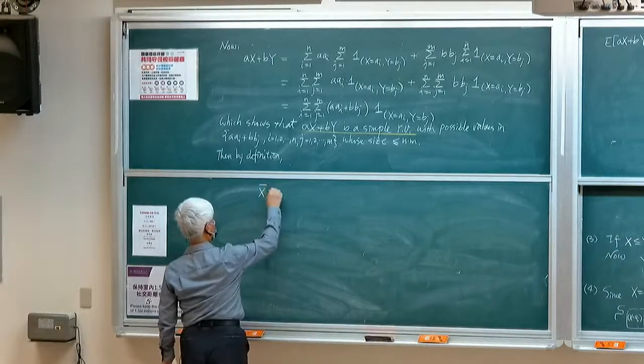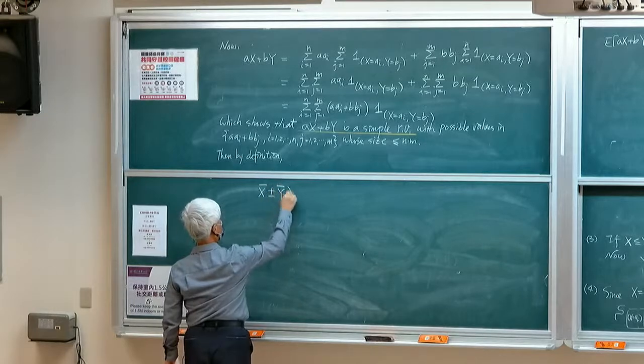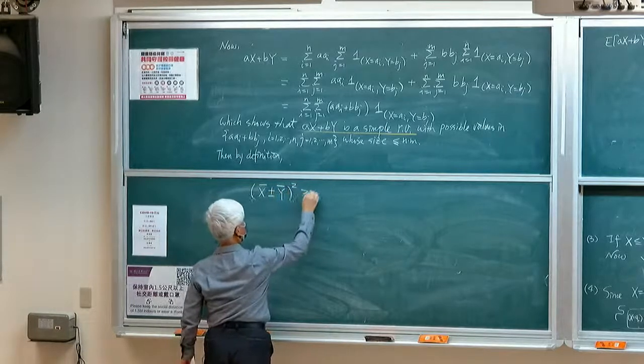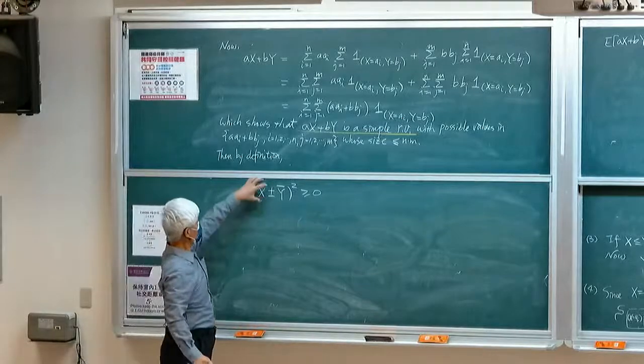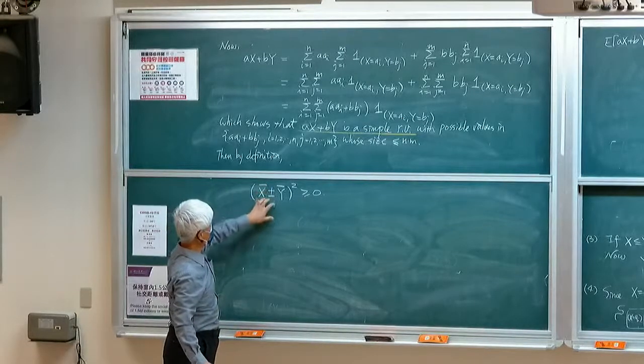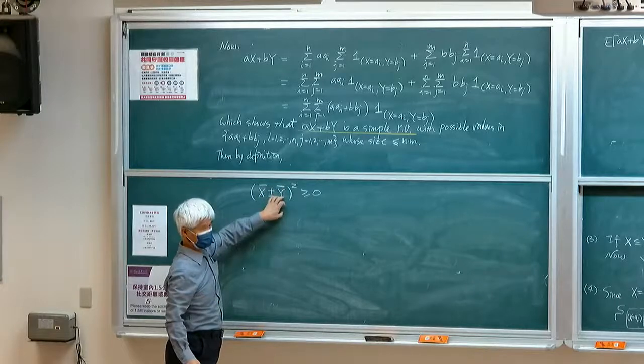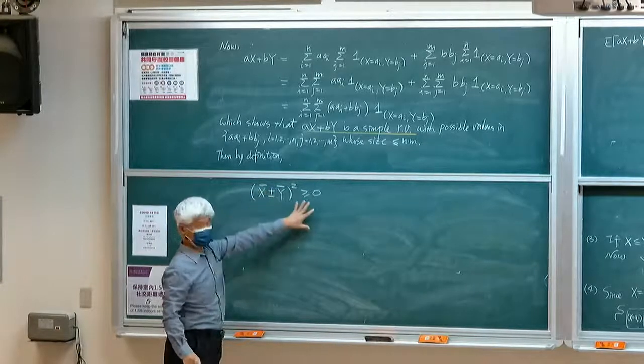Now we know that this normalized function plus or minus another function, and take the square, is always non-negative, right?